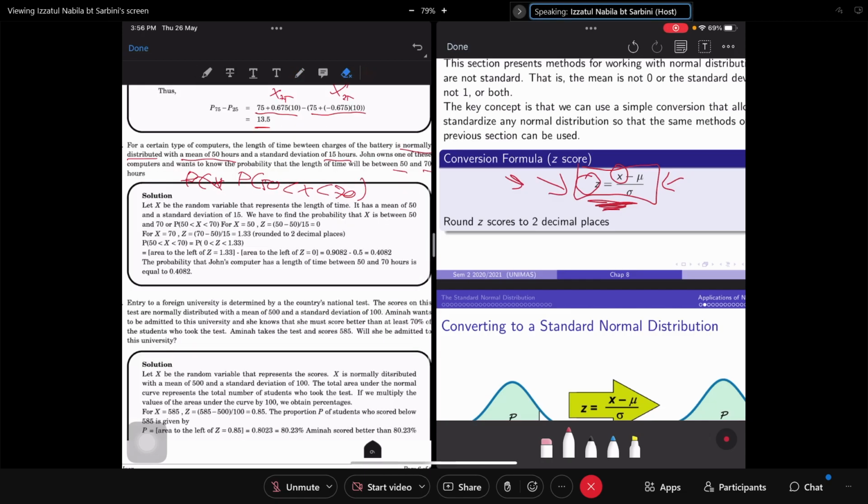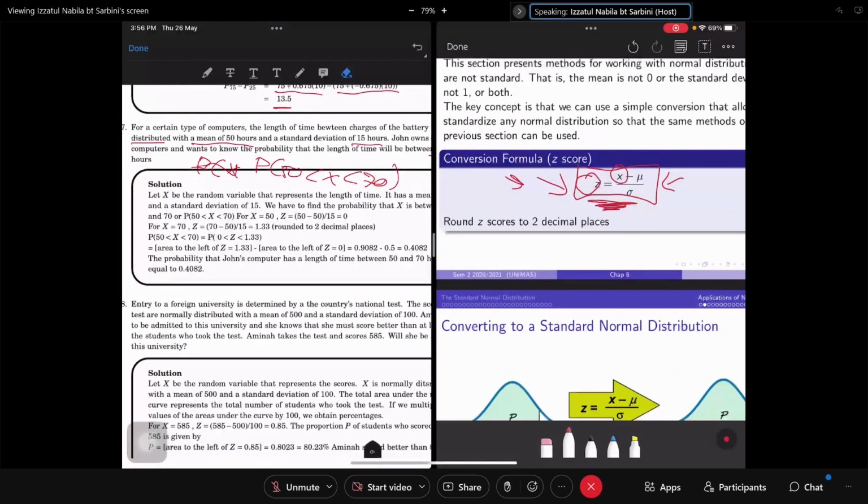Okay. So what is the first step when you have x like this? The first step is to convert it to z. So this is the step for conversion for 50, and this is the step for conversion for 70. Here is the conversion. It will become 0 to 1.33. So once you have this, you refer to the table.